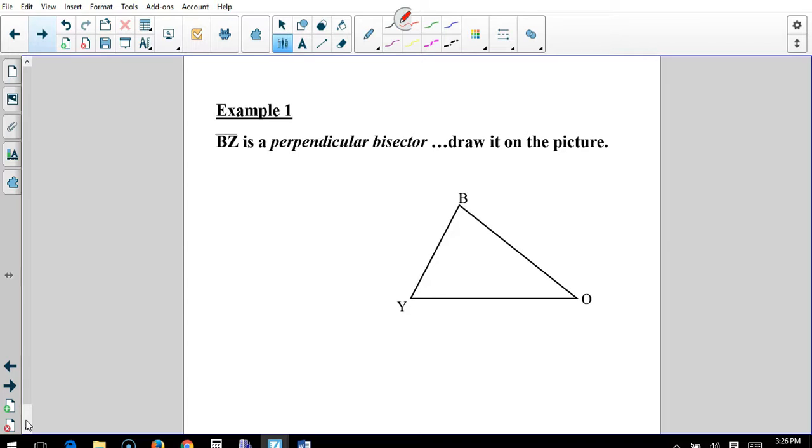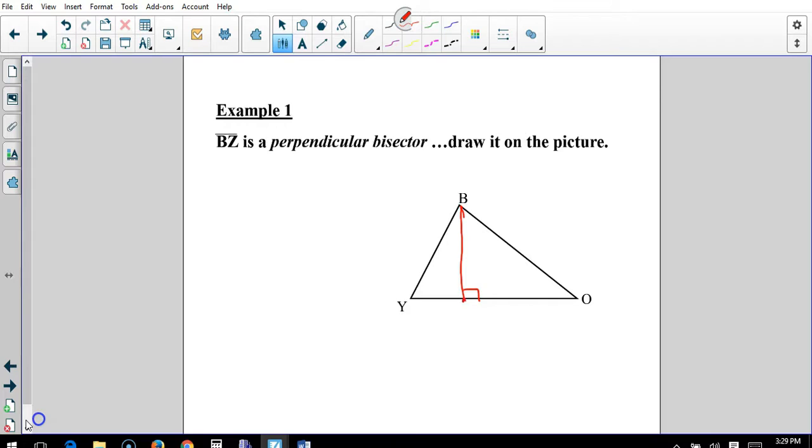Draw it on the picture. Okay, so this is actually a good talking point because BZ as a perpendicular bisector is actually not possible. If you drop the line straight down from B, like so, and made it perpendicular, it would have to come straight down and intersect OY at 90 degrees.